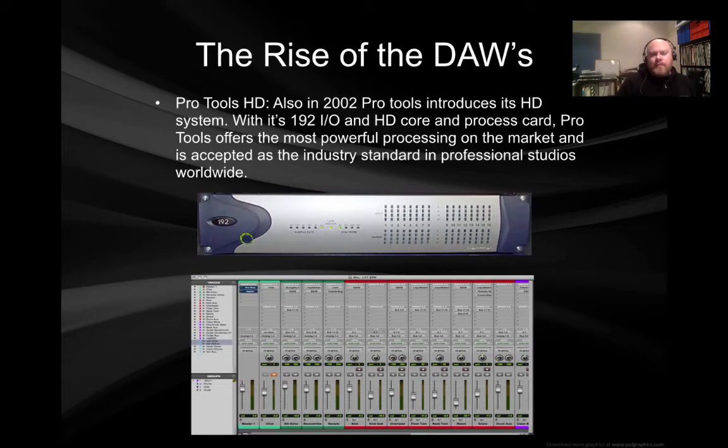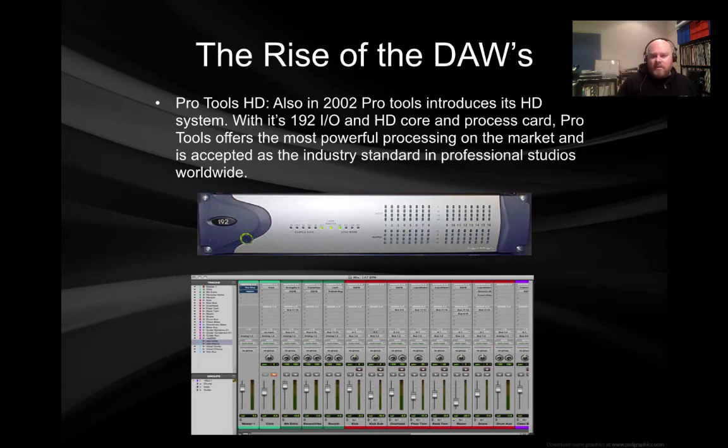Pro Tools had their consumer market and their professional market. Their consumer market was running from the M-Box or the 002 and later on the 003 sound cards, which were perfectly fine for the time.